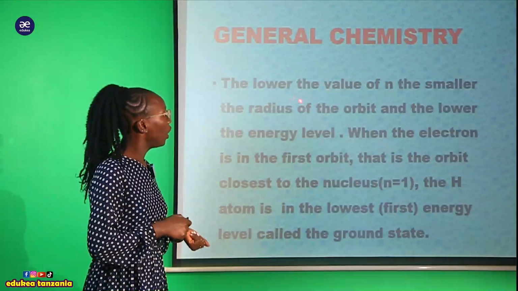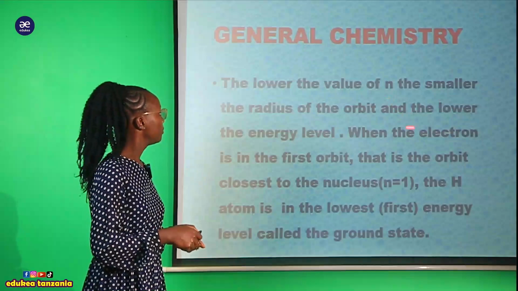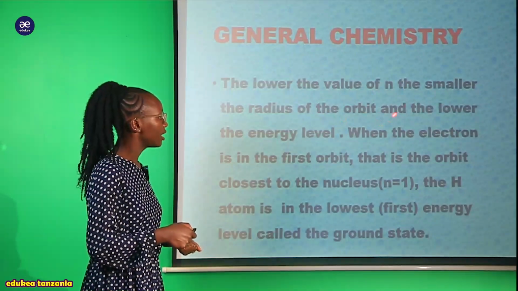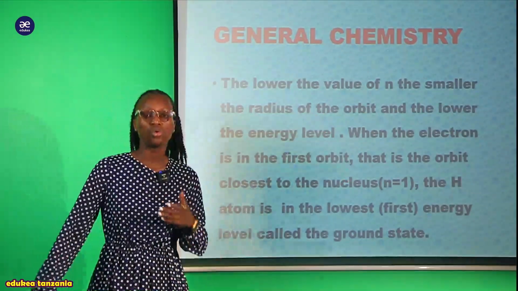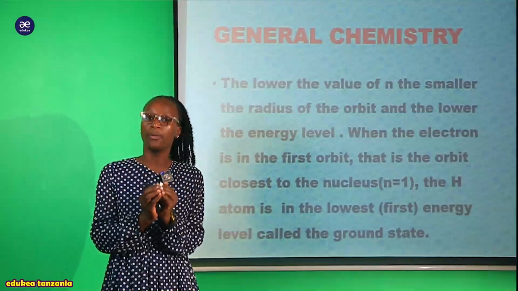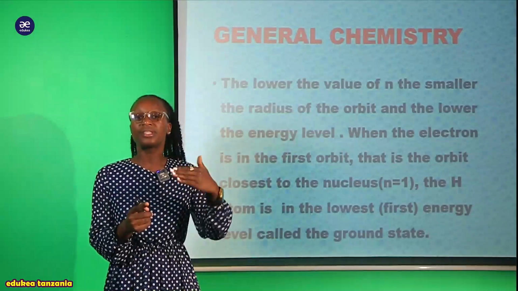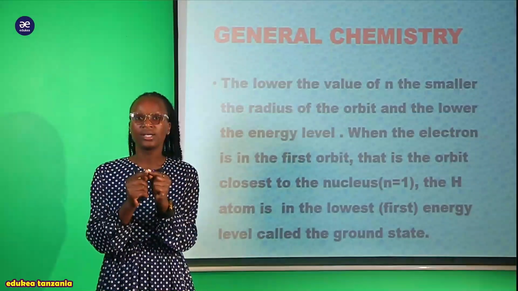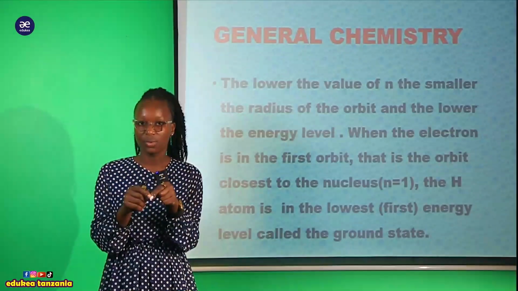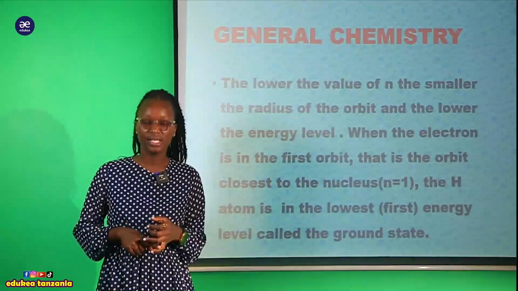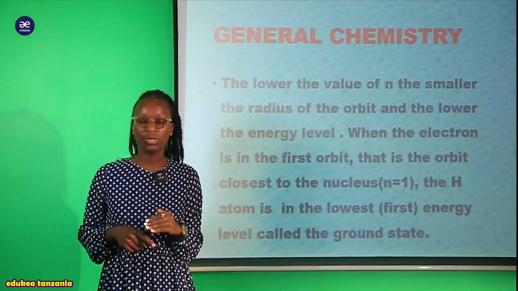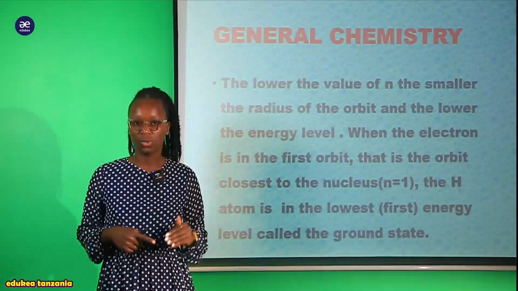So we can see that the lower the value of n, the smaller the radius of the orbit and the lower the energy level. As we have said, there is a relation with the energy, and the quantum numbers are associated with the radius, meaning the size.